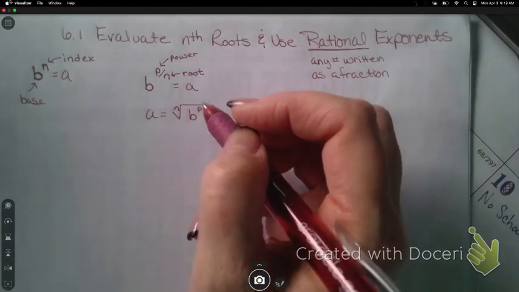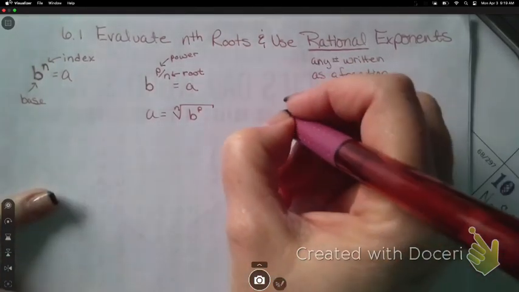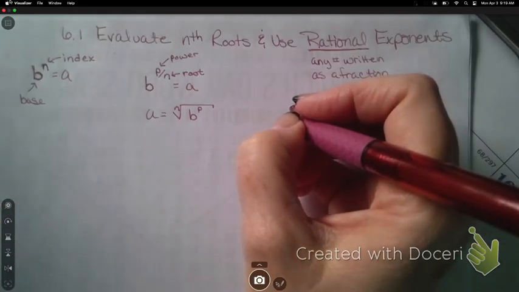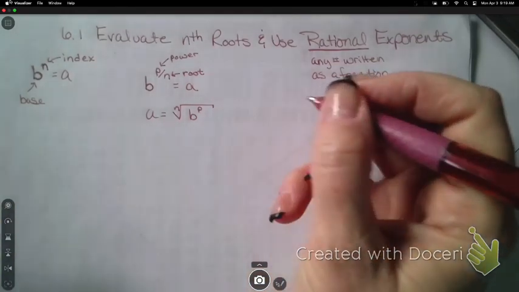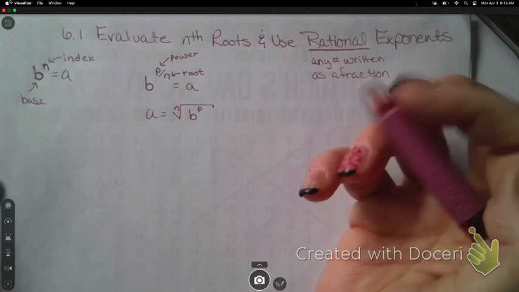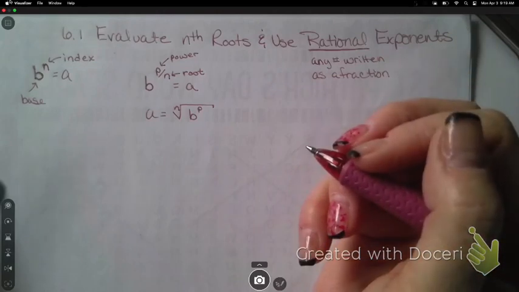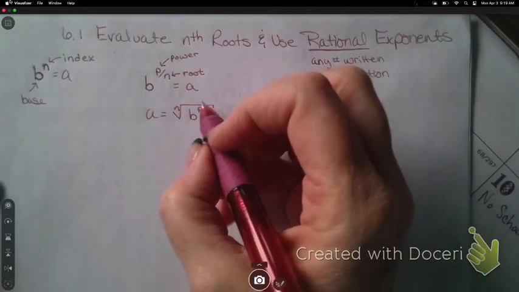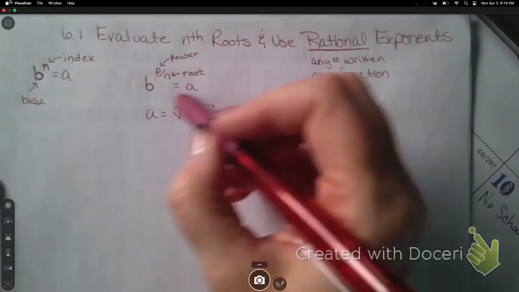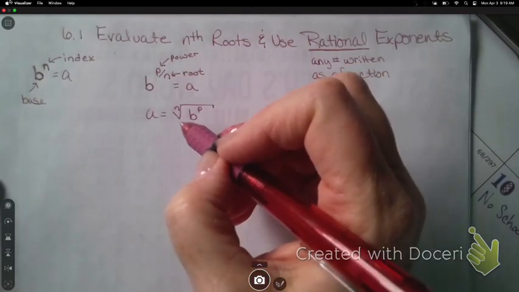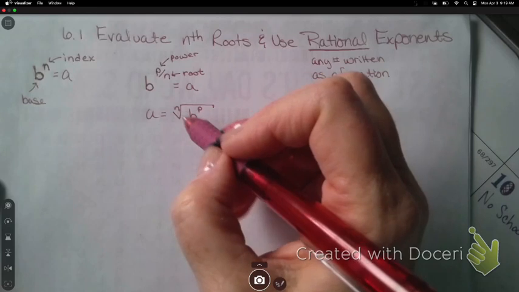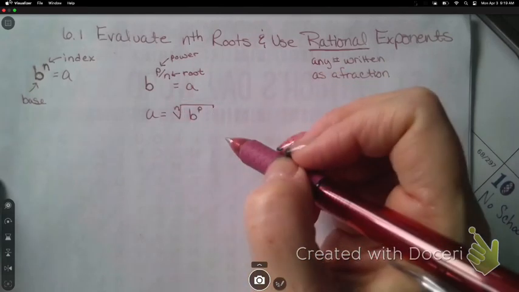Now, you've been doing this forever. So what we do then is we use exponents instead of radicals in our work.